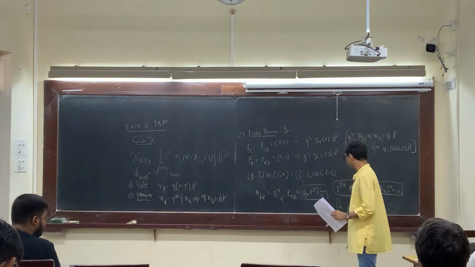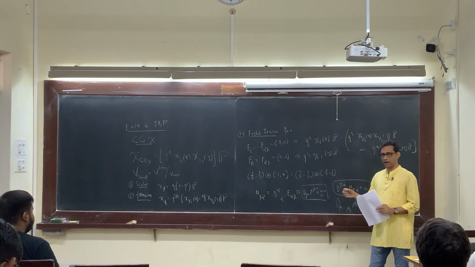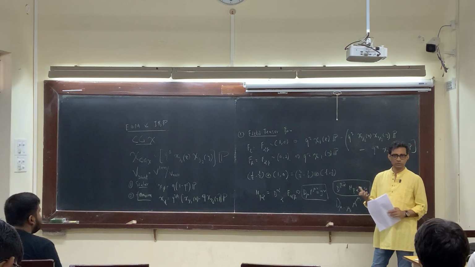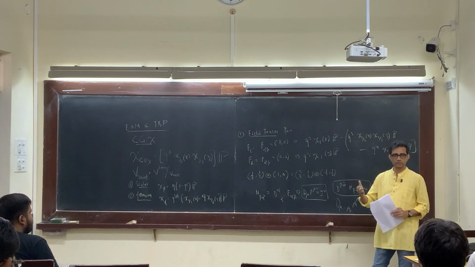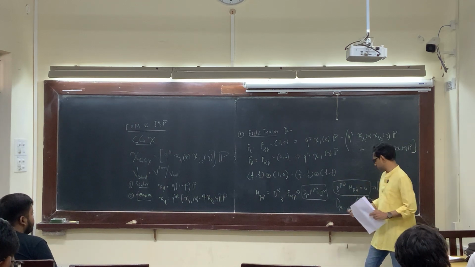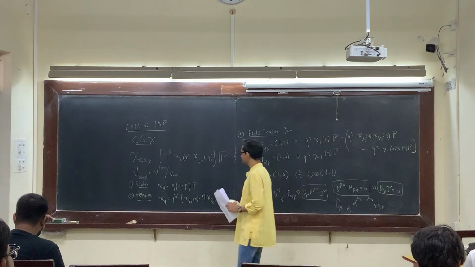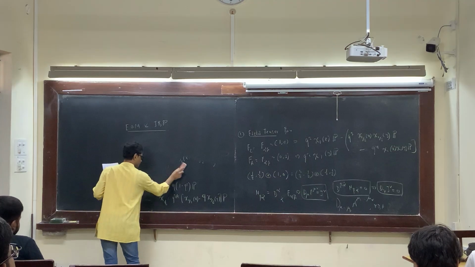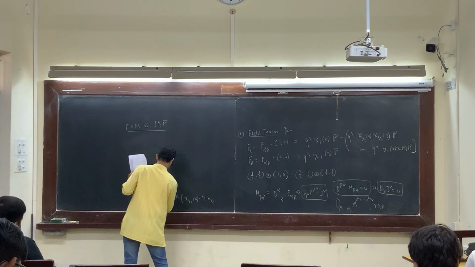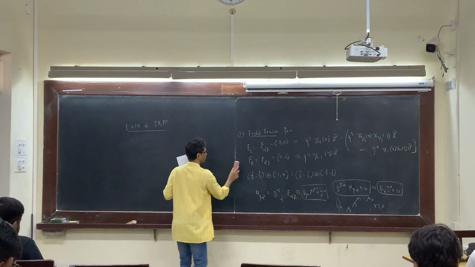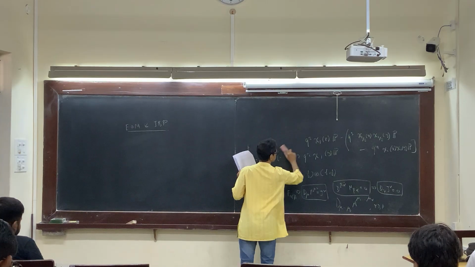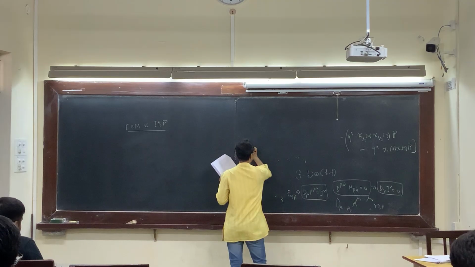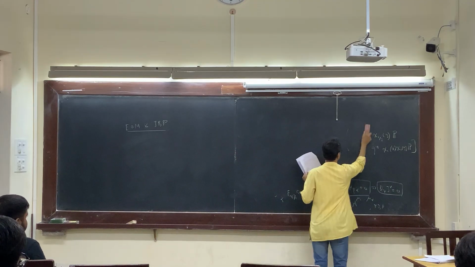Fine. So now, let me go back and summarize how we handle the P part, because there is some confusion some people may have. In between, if you have any question, please ask.